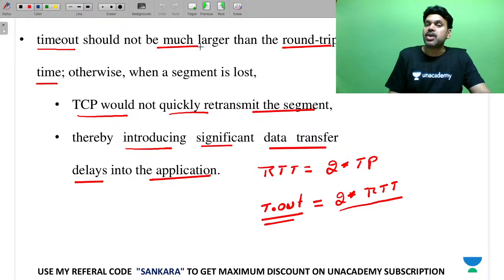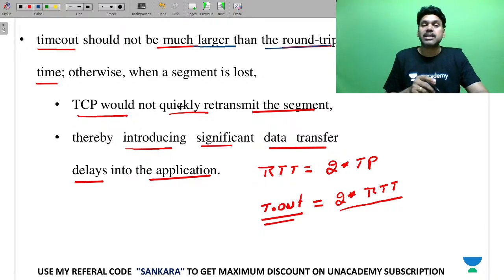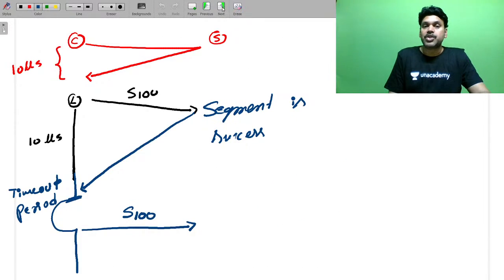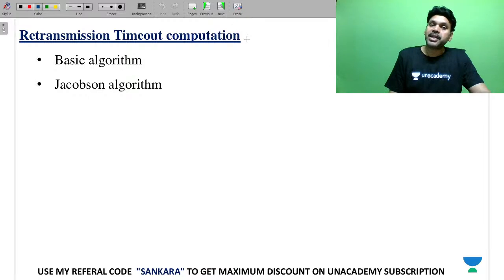The timeout should not be much larger than your round trip time, so TCP would not quickly retransmit the segment. Wait for a decent amount of time till your timer expires, then retransmit. To calculate the retransmission timeout period, there are two algorithms: the basic algorithm and the Jacobson algorithm.